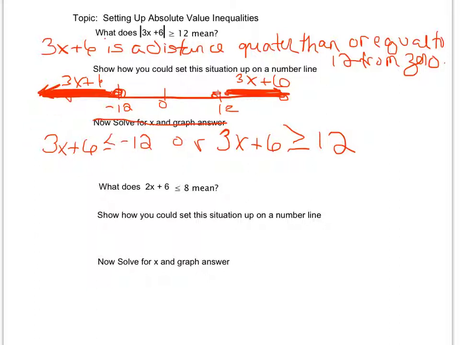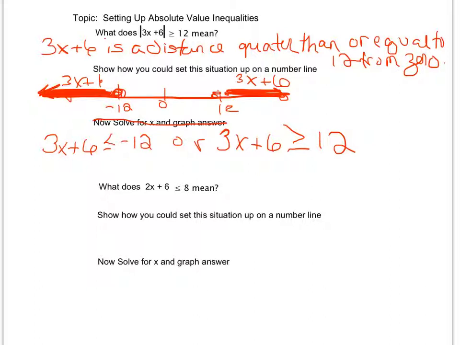Here's an algebraic inequality representation. 3x plus 6 can be further than 12 out here. So in other words, 3x plus 6 can be greater than or equal to 12. So notice what I've done is I've taken this inequality that involved absolute value bars, and I've rewritten it in a way that does not have absolute value bars, which is fantastic because we want to be able to get rid of those absolute value bars in order to solve.